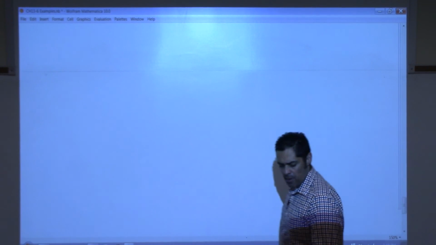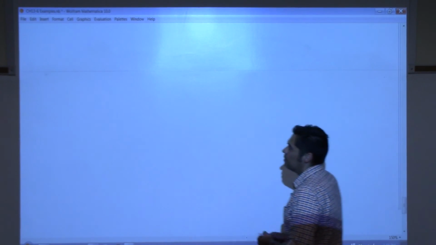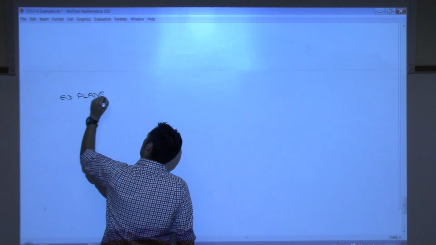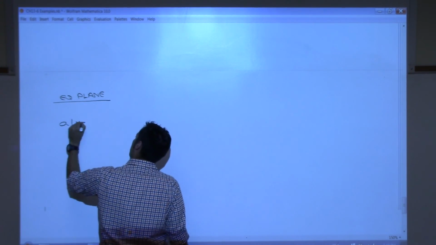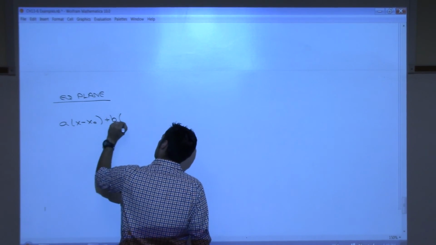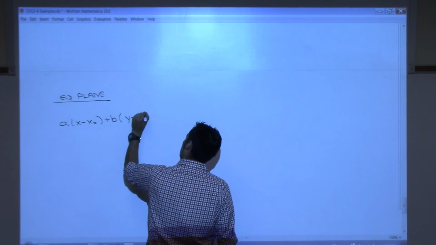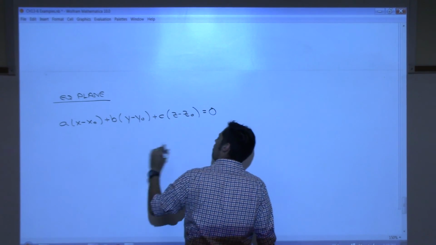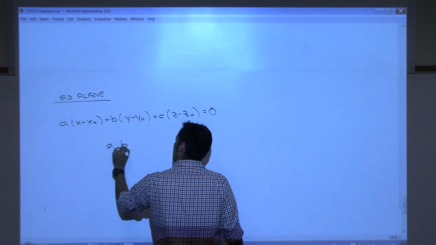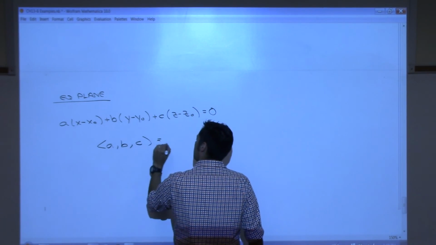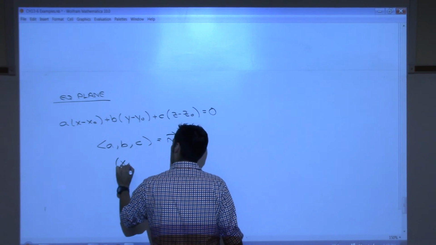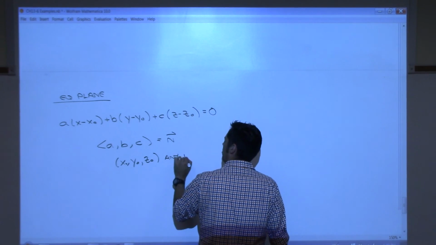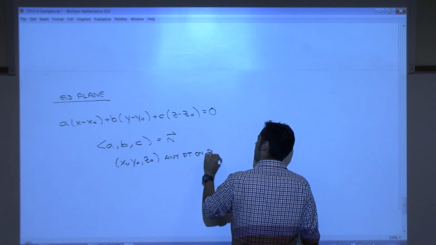Everybody knows the equation of a plane, right? Equation of a plane: a times (x minus x naught) plus b times (y minus y naught) plus c times (z minus z naught) equals 0, where (a, b, c) is a normal vector and (x naught, y naught, z naught) is any point on the plane, right?